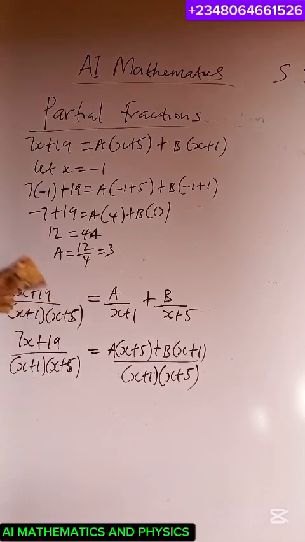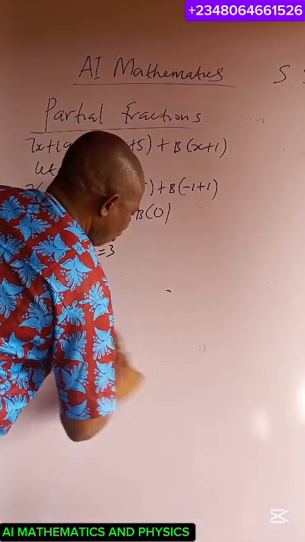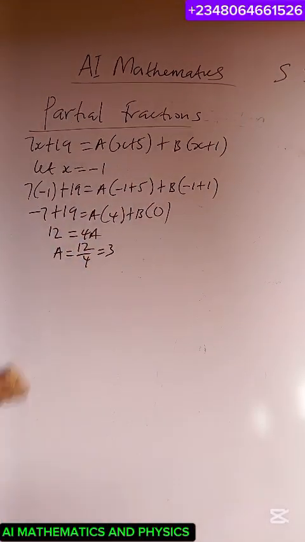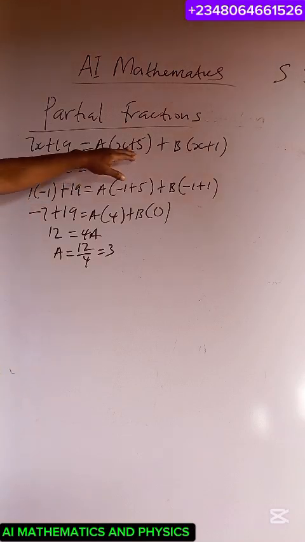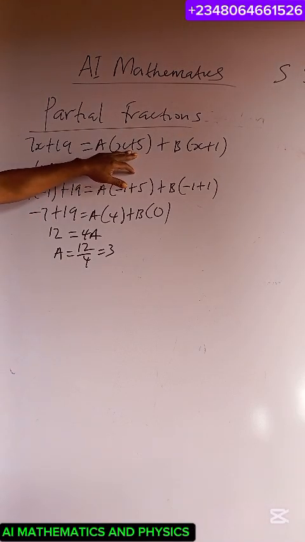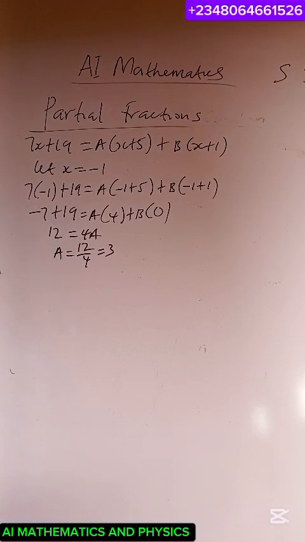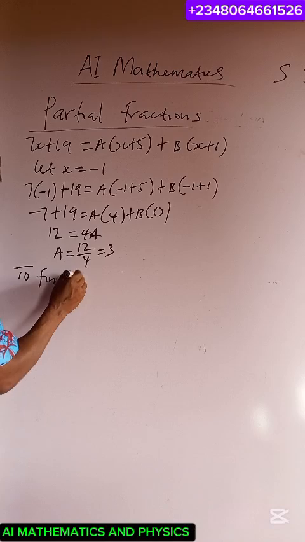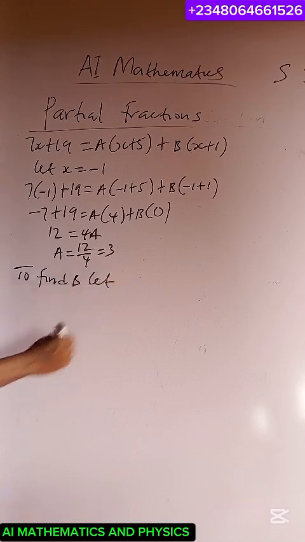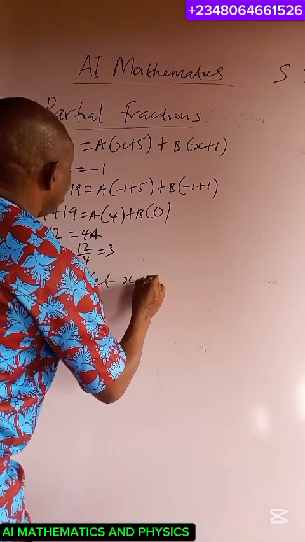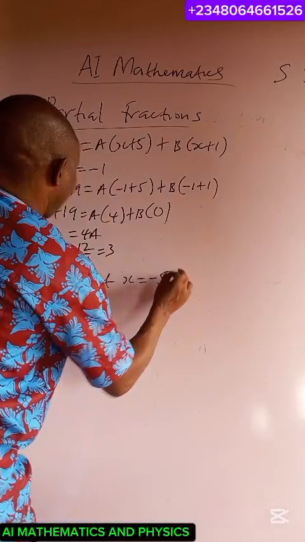Now, we want to find b. To find b now, you think the same thing. How we make everything here 0 is by using minus 5. To find b, let x be equal to minus 5.